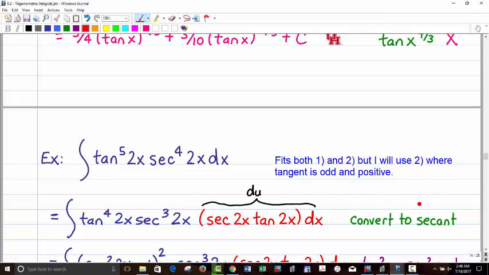And then we're converting to secant because we take away a sec and a tan because the derivative of secant is secant times tangent. So you see it's important, I give you the inverse trig formulas on my formula sheet, but you still need to know the basic trig derivatives.